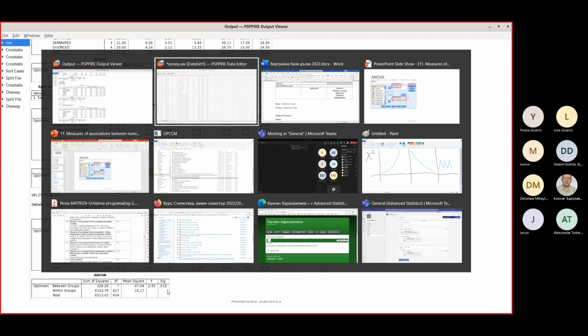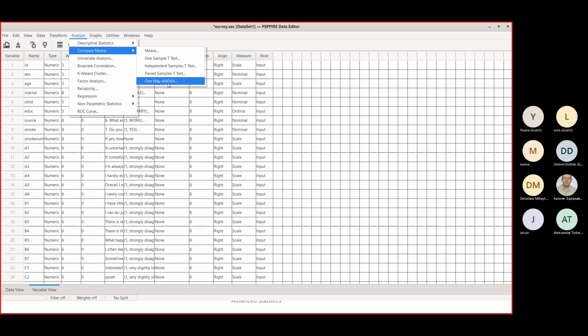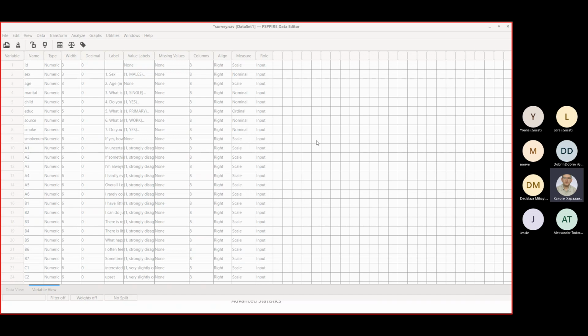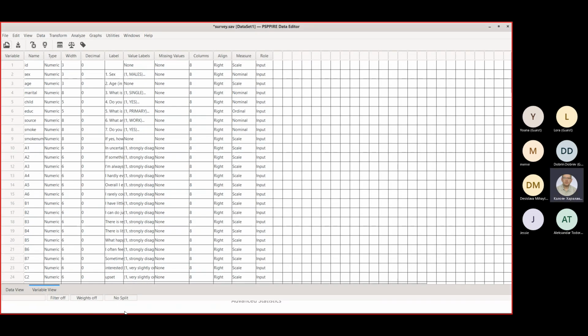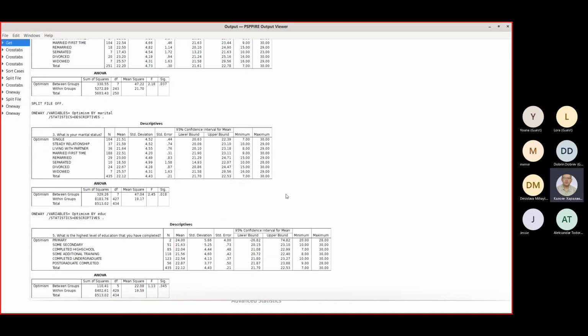So I will repeat, analyze, compare means, one way ANOVA, and we'll move marital status to the left, and we'll move educational level in the field factor, then press again OK, and let's see the result.